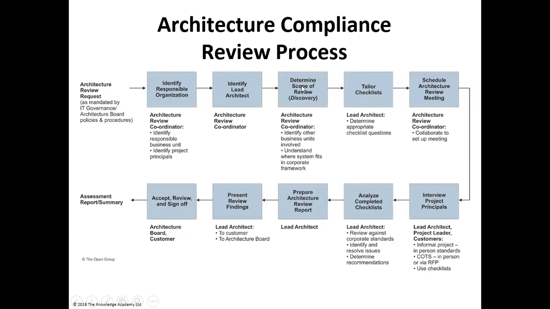Who determines the scope of the review? The architecture review coordinator. Who tailors the checklist? The lead architect. Everything is given in the PDF. Now, who does the sign off finally? The architecture board and the customer.